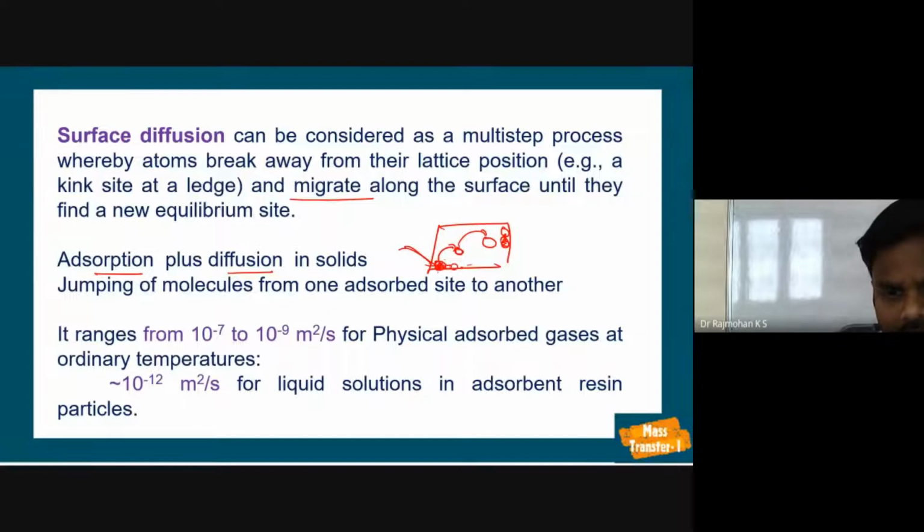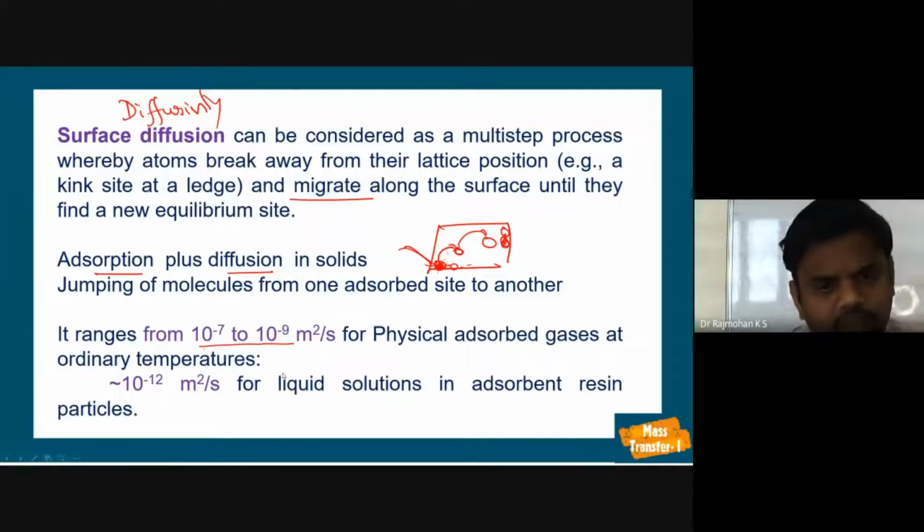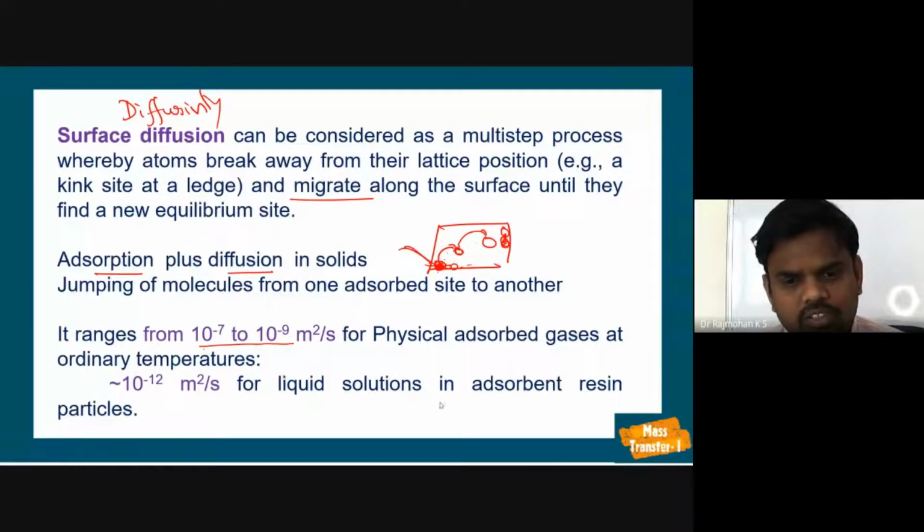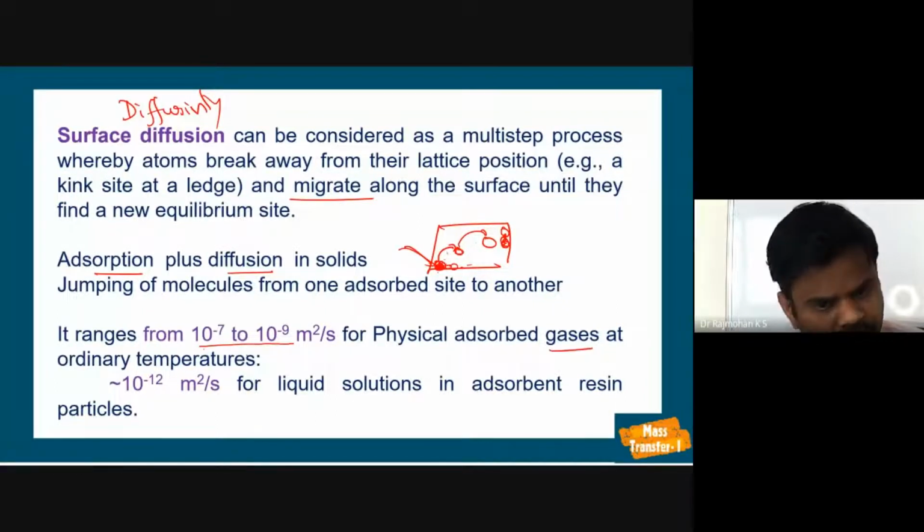If you look at the diffusivity in case of surface diffusion, called surface diffusivity, it ranges from 10 power minus 7 to 10 power minus 9 square meters per second. This is for physically adsorbed gases at ordinary temperatures. And for liquid solutions, it is on the order of 10 power minus 2 meters per second.